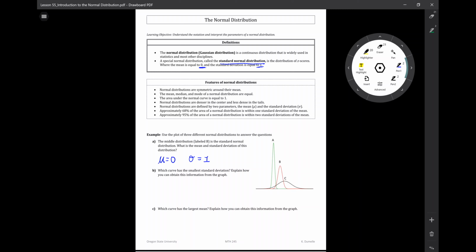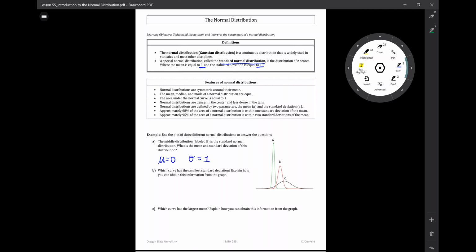Which curve has the smallest standard deviation? So remember, standard deviation represents the spread of the data from the mean or the median. So I want the spread to be the smallest. Which curve has the smallest spread or the smallest amount of inconsistencies? Well, we see that A has a pretty small spread, right?